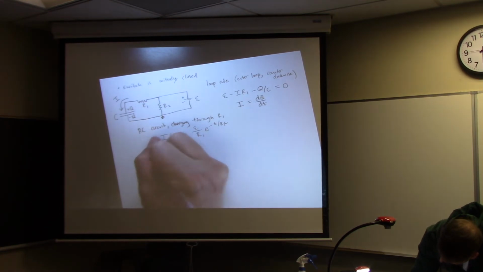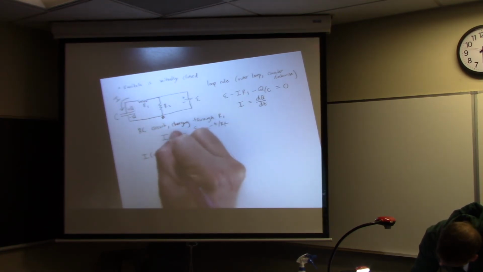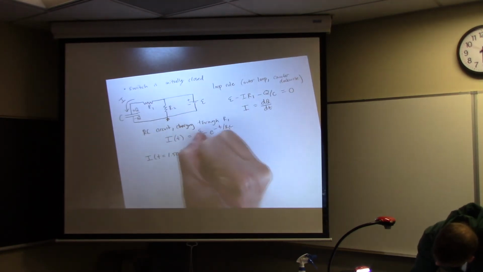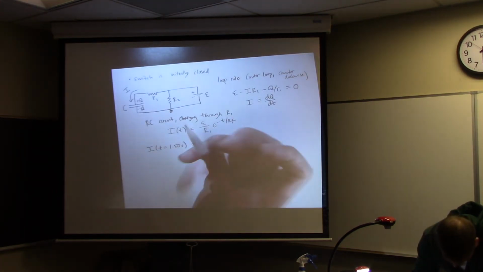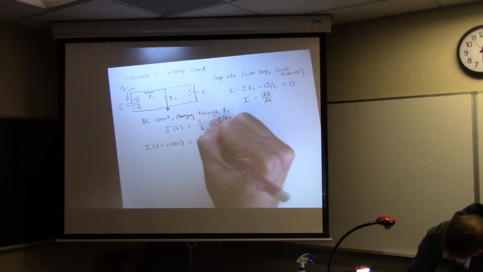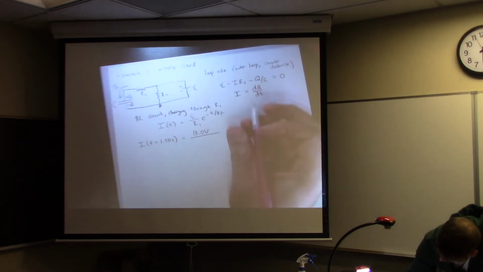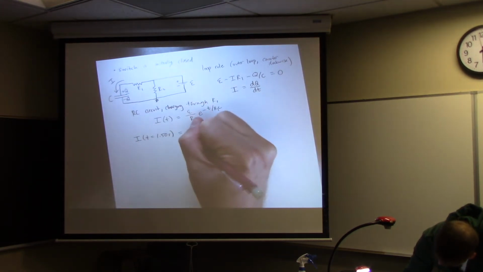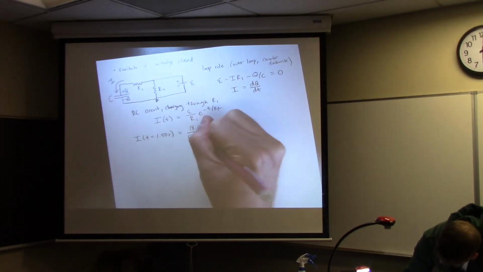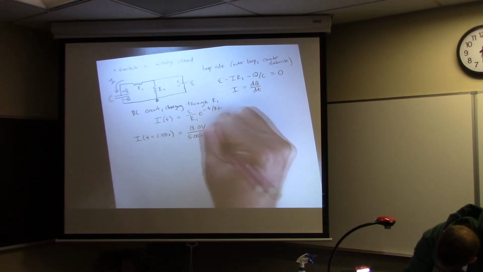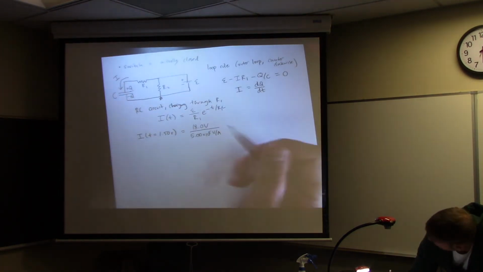So this is just a plug and chug at this point. We'll take the time to be equal to 1.5 seconds, and we want to know what the current is at that time. So we have 18 volts, divide out R1, which is 10 to the 5 ohms.